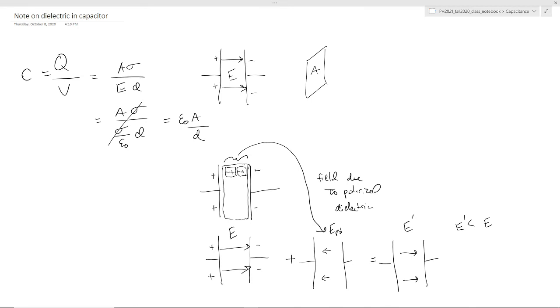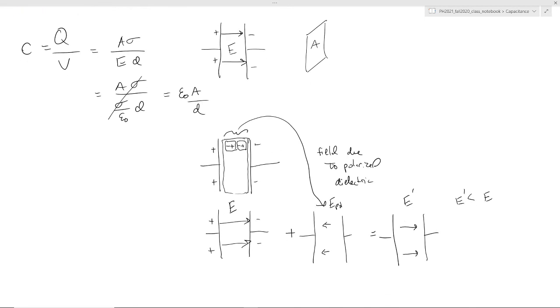Now, we can think about what impact that has on the capacitance. We know that the electric field is in the denominator of our capacitance expression. So the electric field, instead of being sigma over epsilon naught, is going to be sigma over r epsilon.